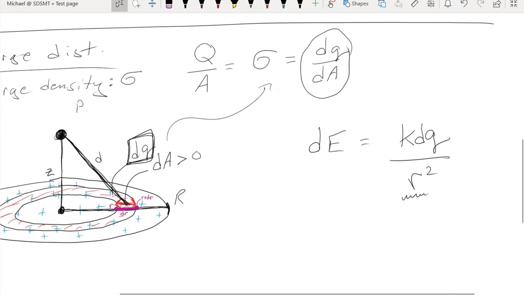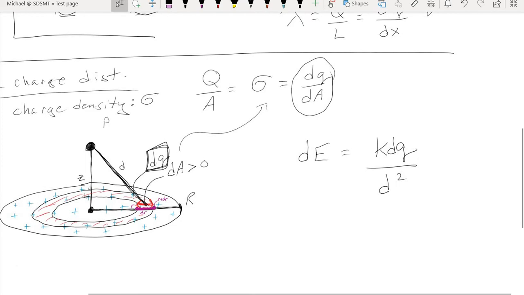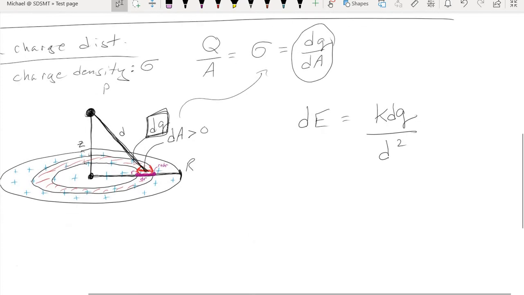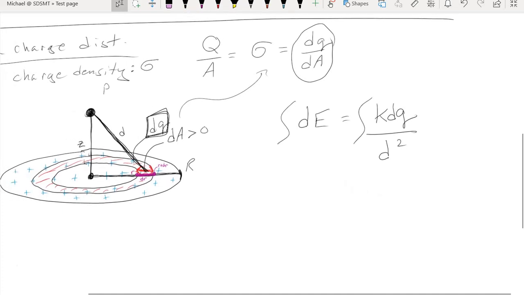And that means I need to replace little r with d. All right. Next, we start to set up our integrals, and again, it looks like we're going to be integrating with respect to charge, but if I just integrate with respect to charge, all I do is add up the charge.